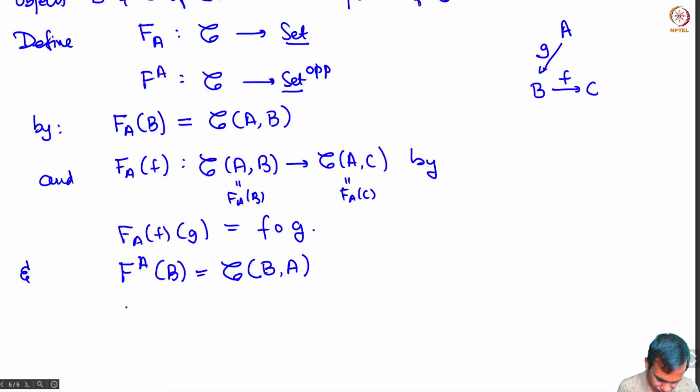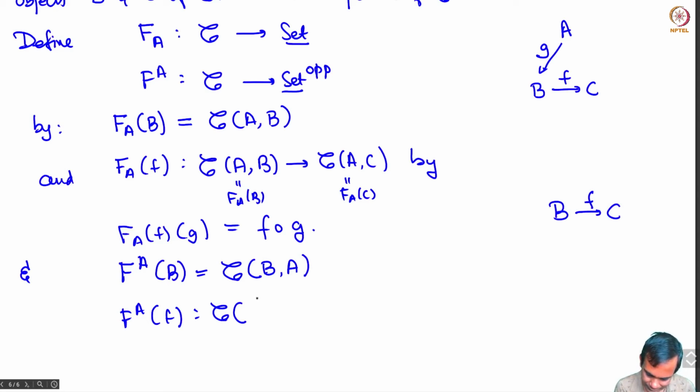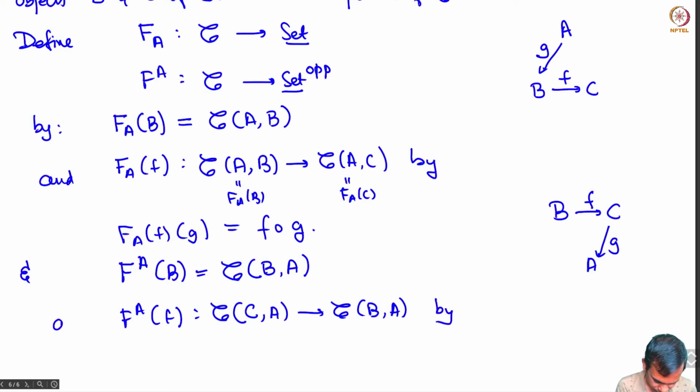F superscript A of F: now F is from B to C as before, and then we have from C. Now because it's going to the opposite category, this will be from C^A to B^A, which means that now we are given something from C to A, we need to construct something from B to A, and there's only one way to do that, which is to take G circle F. So this is defined by F^A(F) of G is G circle F.